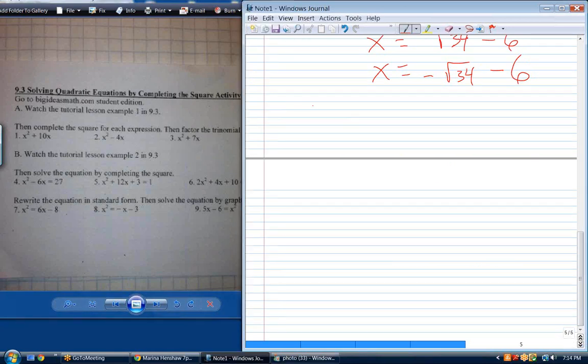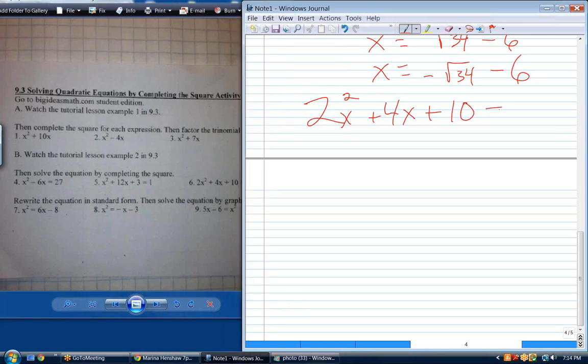This time we have a 2 in front of the x squared term, so we have to worry about that because you can't complete the square unless you get that coefficient to be 1 to even begin. So what's the first step here?